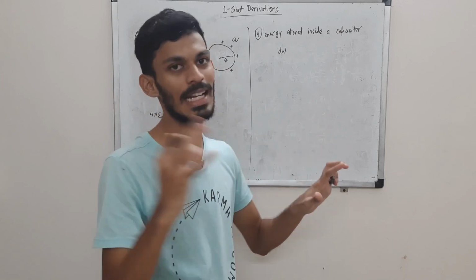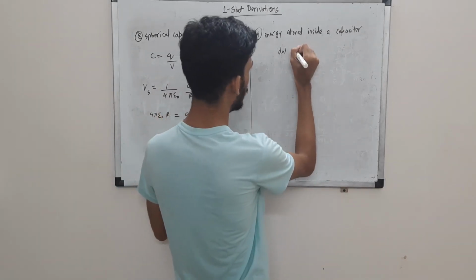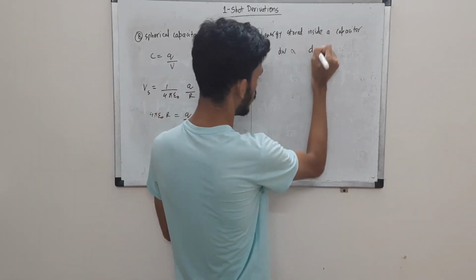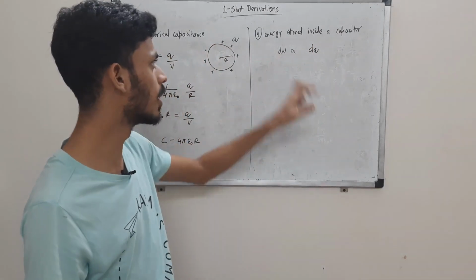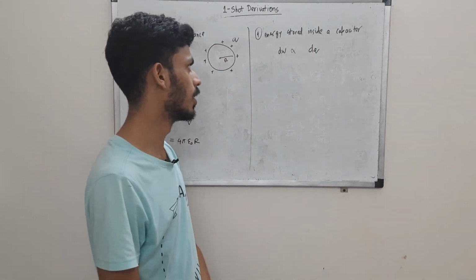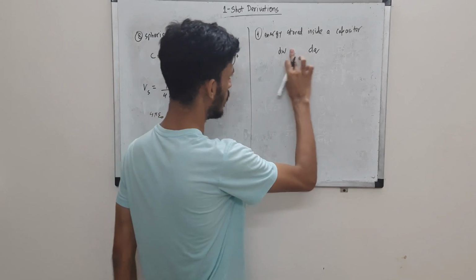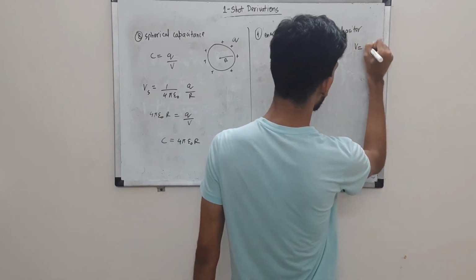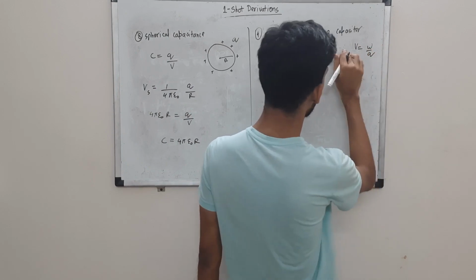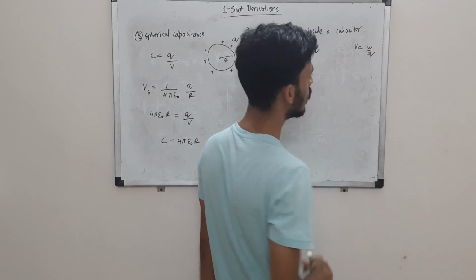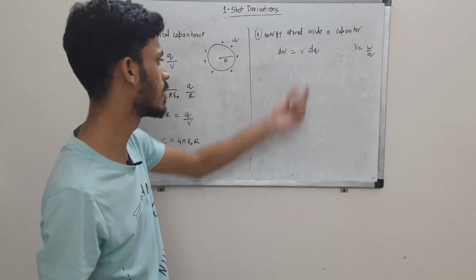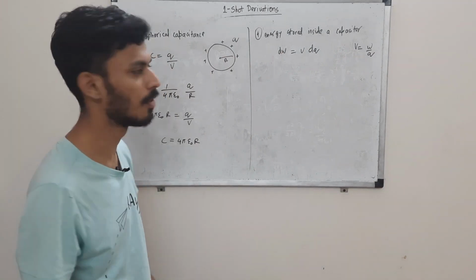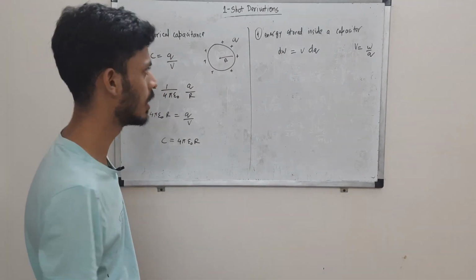You bring some additional charge dq and make it store on that capacitor. Your work will be proportional to dq, and it will be V dq. Since potential is work per unit charge, potential into charge will give you work. So for a small work, dW is V dq.